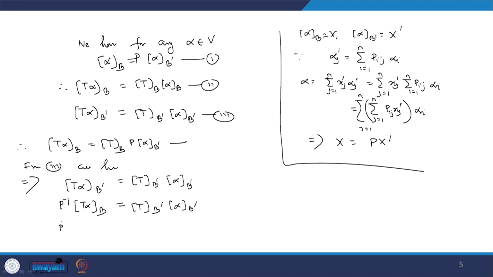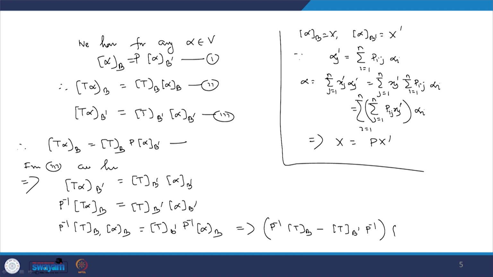So, this implies that P inverse times the matrix of T with respect to B times the coordinate matrix of alpha B equals the matrix of T with respect to B prime and P inverse into the coordinate matrix of alpha B. So, this implies P inverse times the matrix of T with respect to B minus the matrix of T with respect to B prime into P inverse, times the coordinate matrix of alpha B, equal to 0.